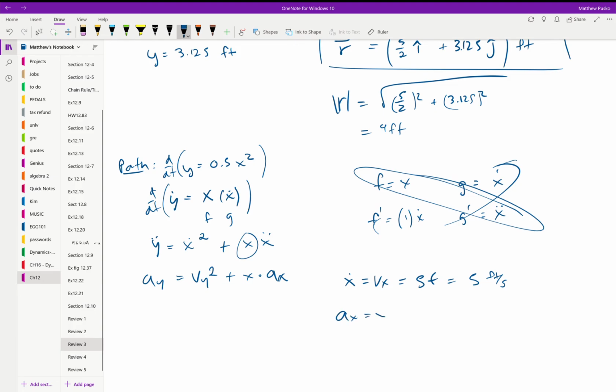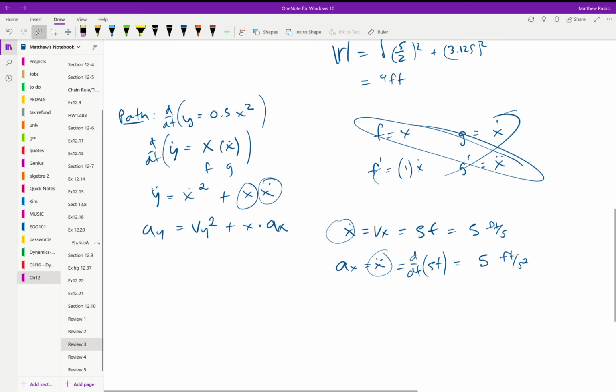That would be x double dot, this thing right here. Well, let's take the time derivative of 5t. Gives us just another 5. It's just coincidence, but it's 5 feet per second squared now. Okay, so we have x dot, we have x double dot. What else do we need? The x coordinate, we already have that. X coordinate is 2.5 feet.